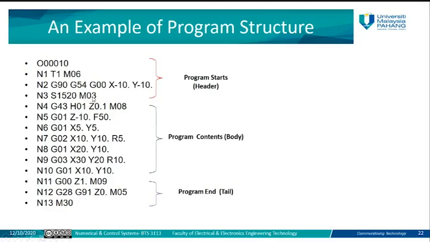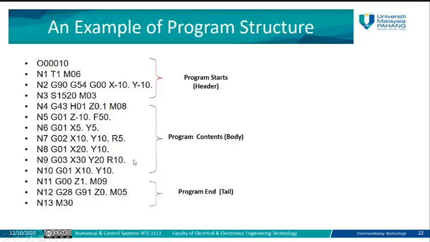That means we do not have G00, G01, G02, G03, any type of linear or circular movement for the machine. First we have the definition for the program, then we select the tool, then we need to define either absolute or incremental, and we need to define the reference point or new reference point for our machine and so on. This part we call the program header.